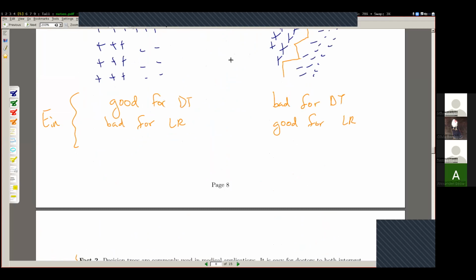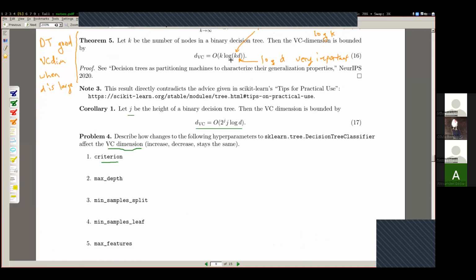And so criterion will affect your training error, but no effect on VC dimension, and by implication, no effect on the generalization error.